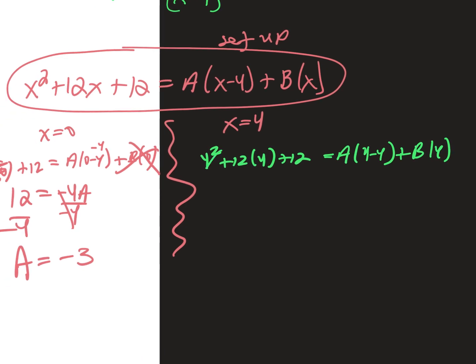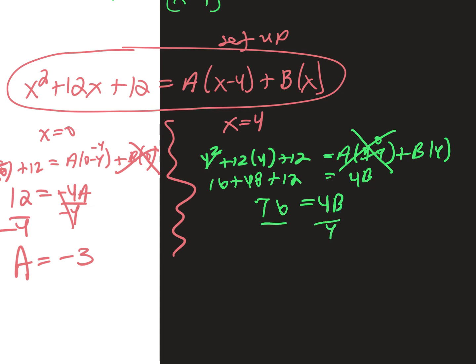So 4 squared is 16 plus 12 times 4 is 48 plus 12, which when I add 16 plus 48 plus 12, I get 76. And then 4 minus 4 is 0, so this cancels out. And then I have 4 times b is 4b. So we have 4b here. 76 divided by 4. Divide both sides by 4, and I get b equals 19.